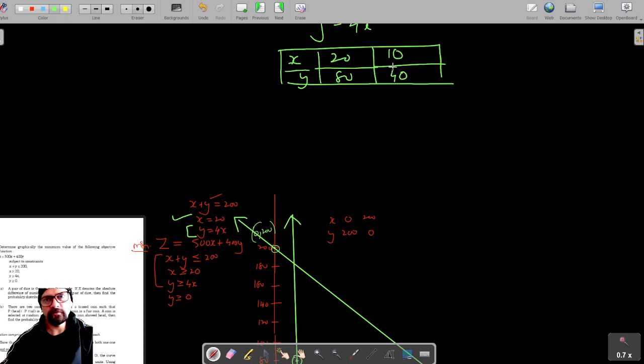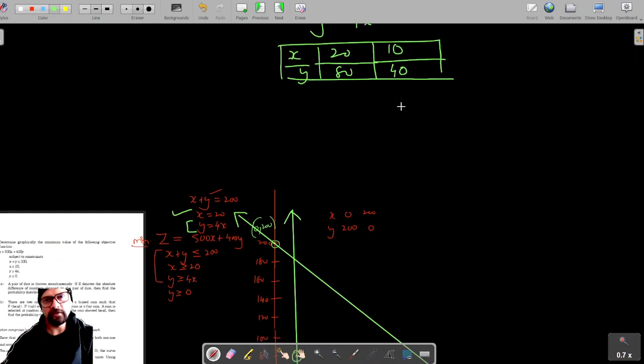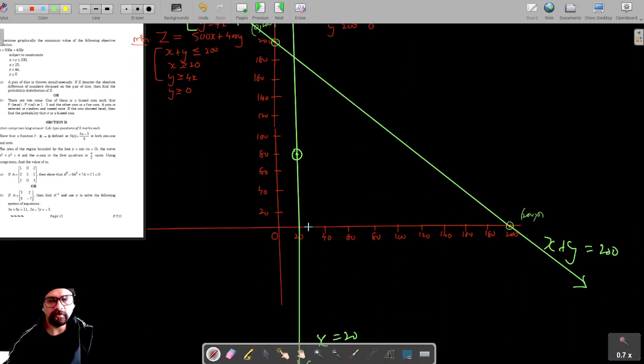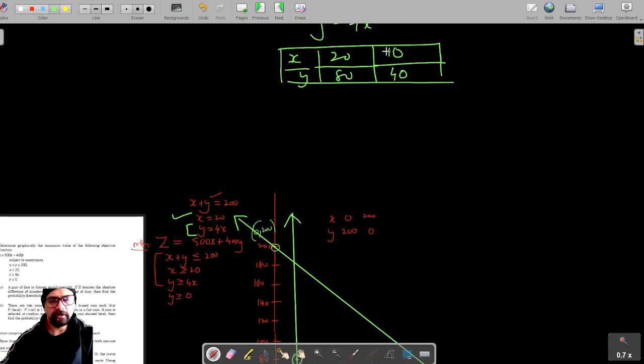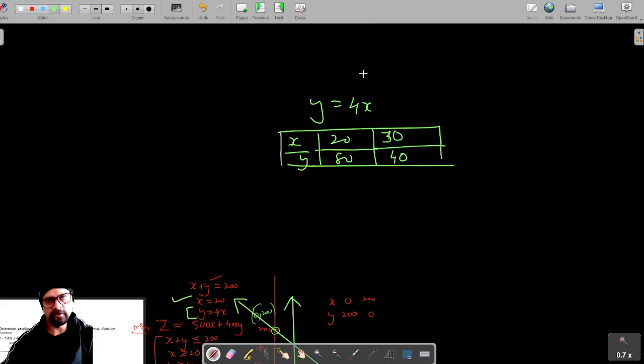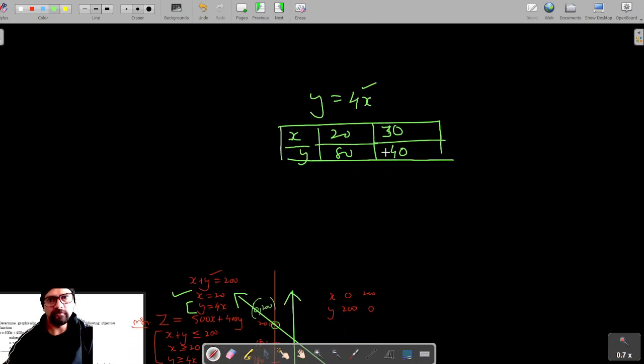And the next, let me take some value greater than 10. So let's take x is equal to 30.